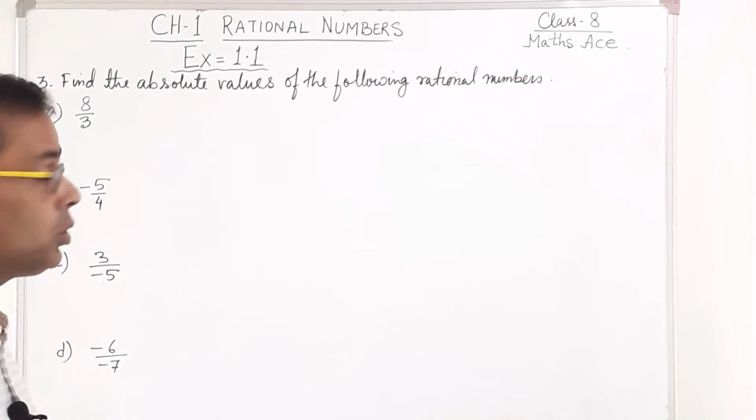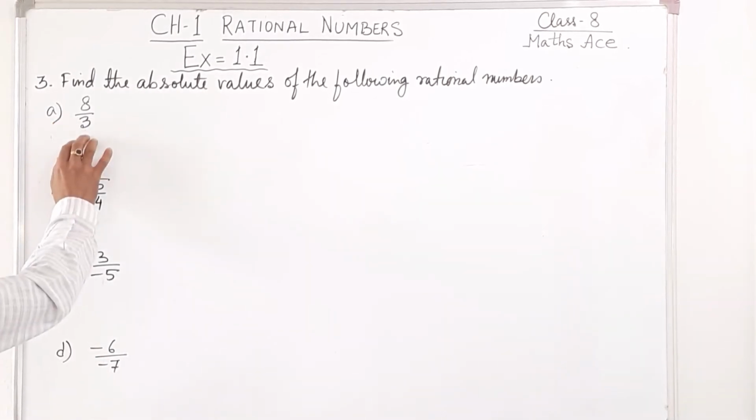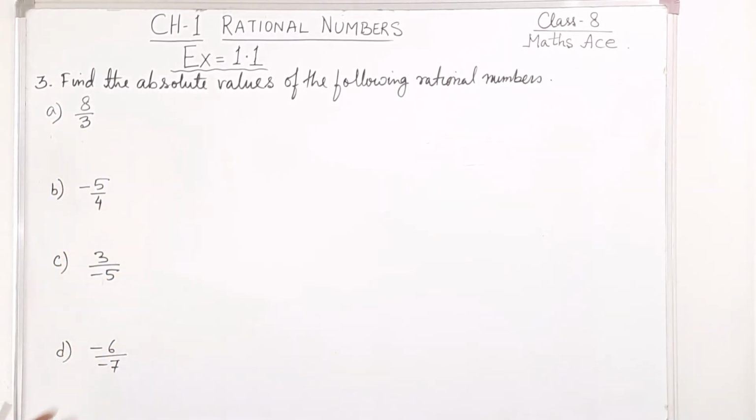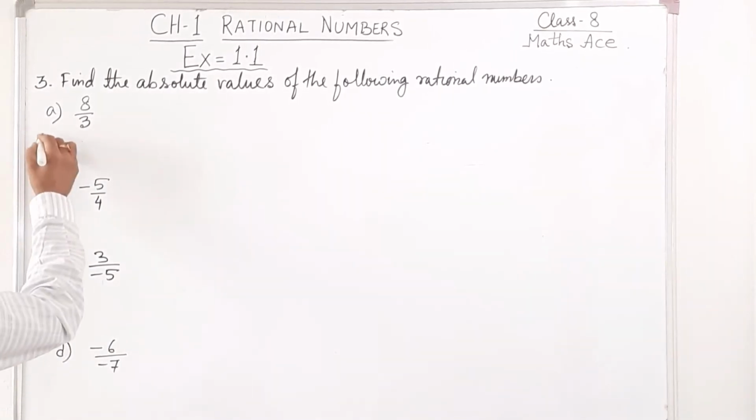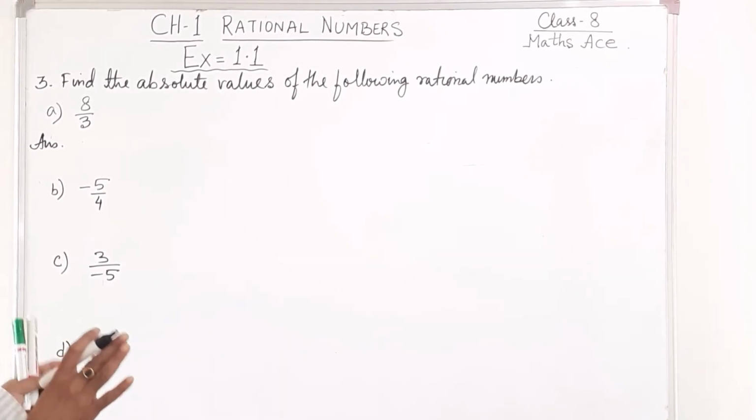Clear? Now question number 3. Find the absolute values of the following rational numbers. You have to find the absolute value of this rational number, this, and this. There are 4 sums. Let us solve one by one. I have already taught you in class 7 and class 6 how to find the absolute value, and in the first part of class 8 also I taught you about absolute value.